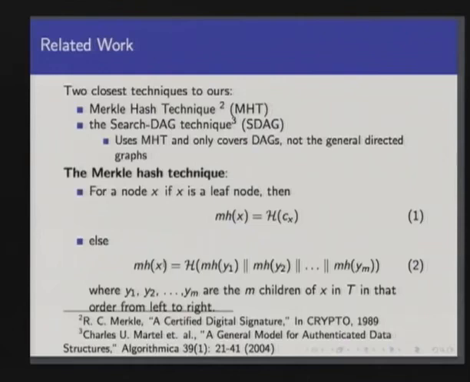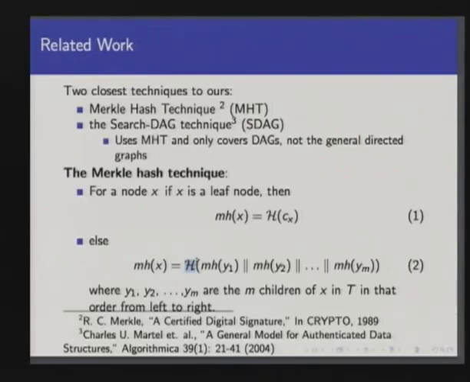Otherwise, if it is an internal node or root node, it is the concatenation of the Merkle hashes of all the children of that node, and then we compute a global hash of that concatenated hash value of all the children of the internal node.